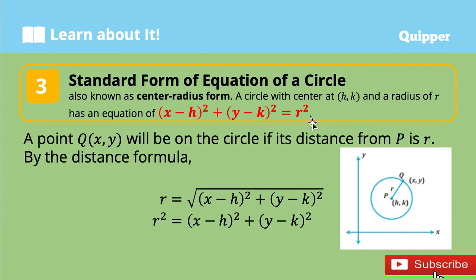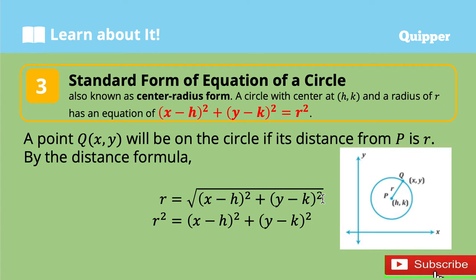For example, we have a circle here with center at (h, k) and a point which has the coordinates of x and y. Using the distance formula, we can get the distance from P to Q, which is the radius. So we have r is equal to the square root of (x minus h) squared plus (y minus k) squared.